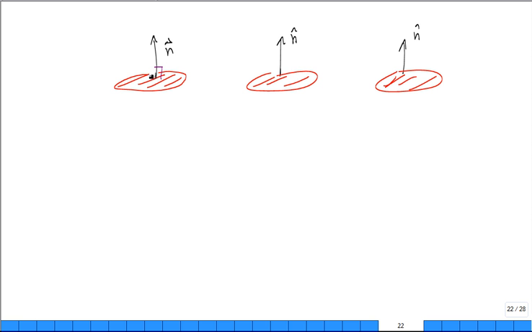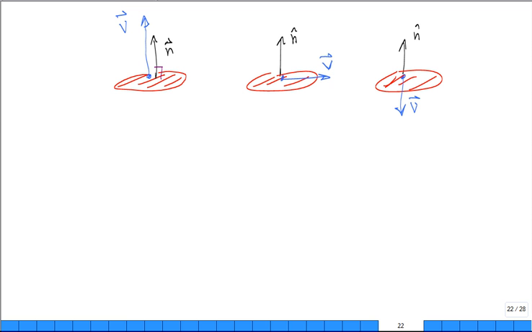I want to consider the speed in this direction, v, and then in that direction, v, and then in that direction, v. One represents flow out of the control volume. One represents no flow in or out of the control volume. One represents flow into the control volume.